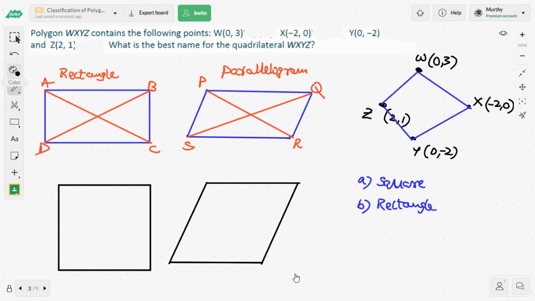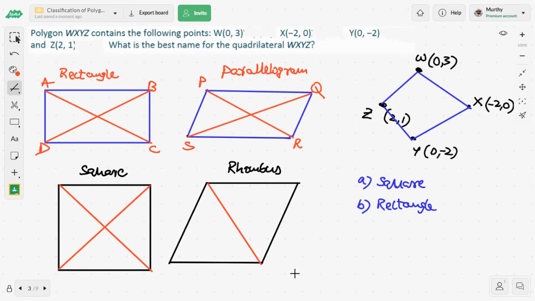This is the rhombus and it is slightly tilted, and this one is the square. Another difference is, if you take the diagonals in a square, the lengths of the diagonals are equal, and in a rhombus, the diagonals are unequal. One is longer and one is shorter.